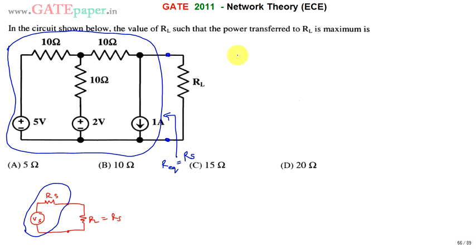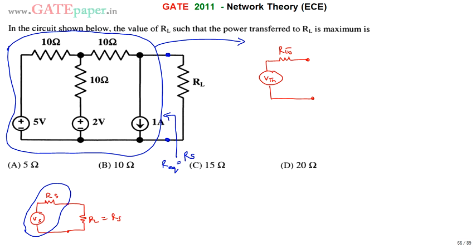Thevenin's theorem says any linear bilateral network consisting of many active and passive elements can be replaced by a single equivalent circuit, consisting of a voltage source VTH in series with an equivalent resistance RTH.